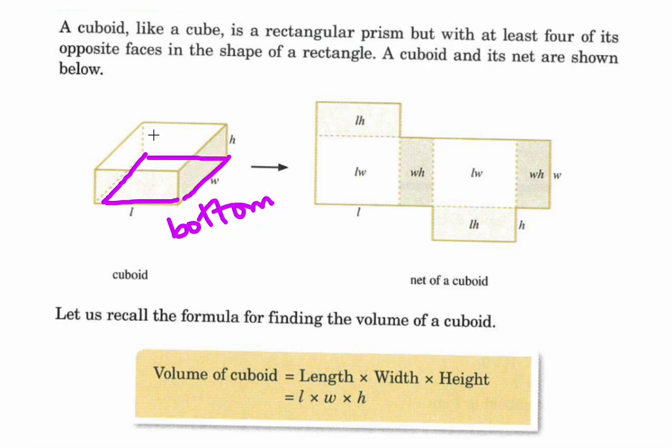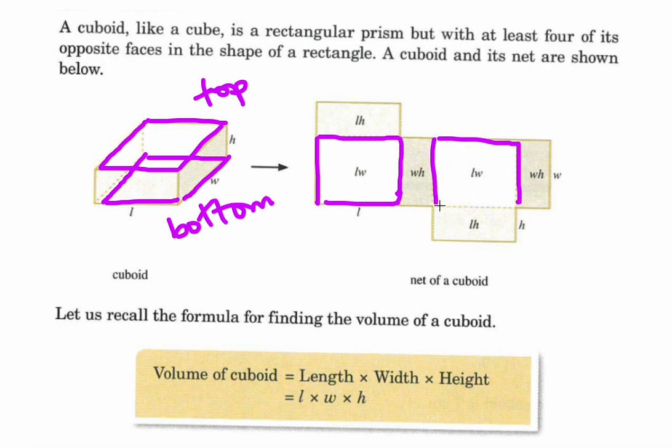So if you think about a box, the bottom of a box has to match up with the top of the box, right? Because if the top and bottom of a box don't match up, it's not going to make a box. It's going to be all folded weirdly, right? And so here is the length times width, the top and the bottom of the box. So you see that same exact rectangle twice in the top and the bottom. Okay. I'm going to write top and bottom.